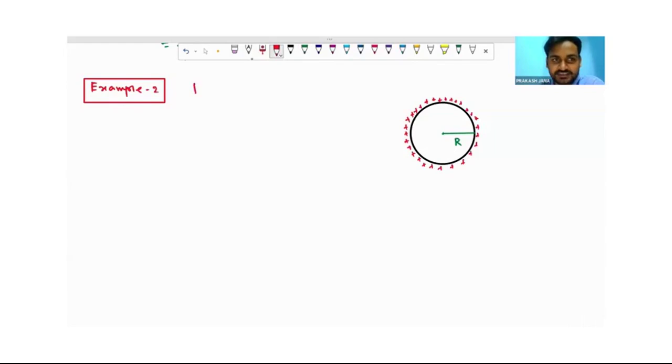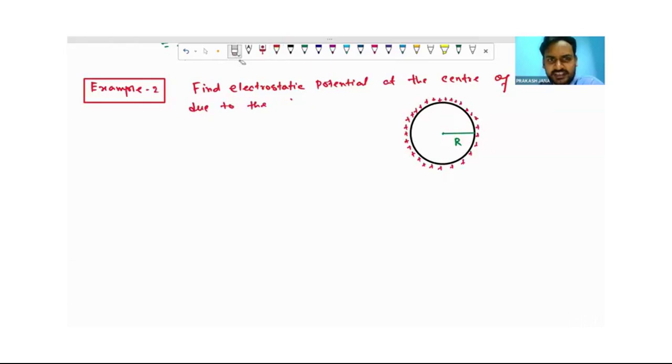Okay, so let me write the question. Find electrostatic potential at the center of the circle due to the uniform charge distribution on the circumference of the circle.